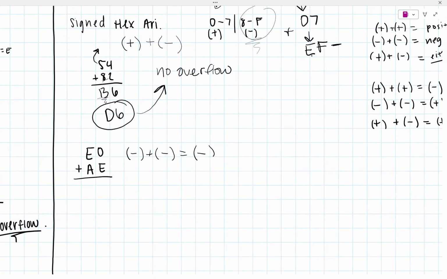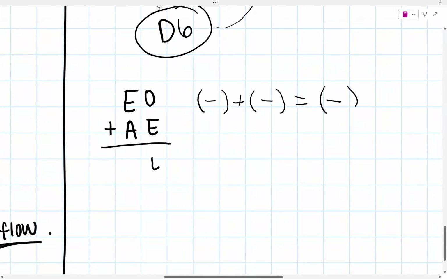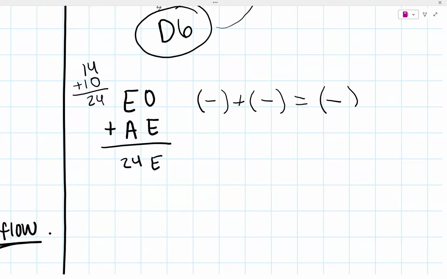Okay. So 0 plus E is just going to be E, and then E plus A. So E is represented by 14, and then A is 10. So this equals 24. However, that's not in the range of hexadecimals.